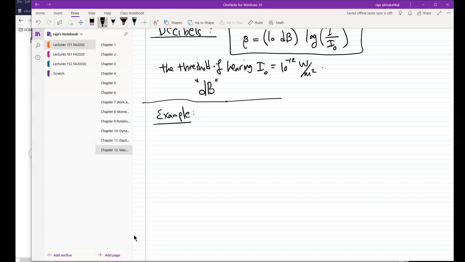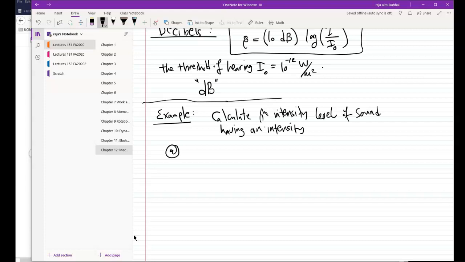It says: calculate the intensity level of sound having an intensity of A, B, and C. Let's start with A. I have an intensity of 1 times 10 to the negative 12 watt per meter squared. What is the intensity level?